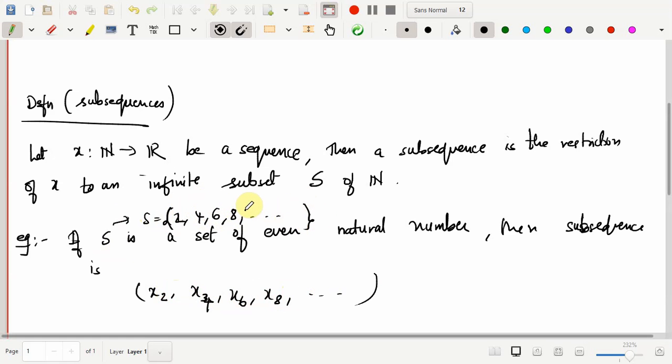Corresponding to each even natural number, we have a sequence that is formed.